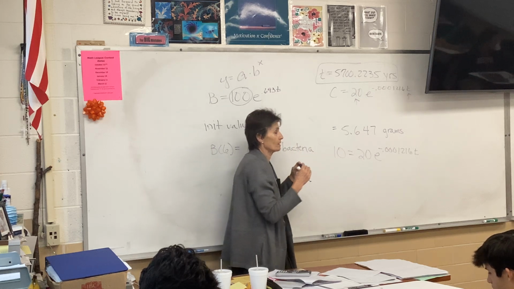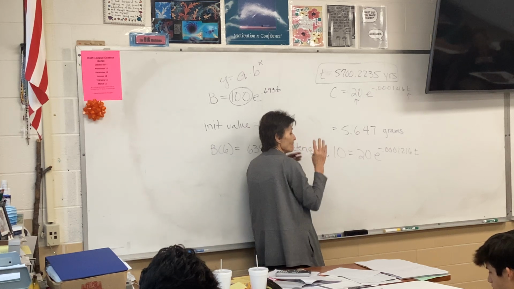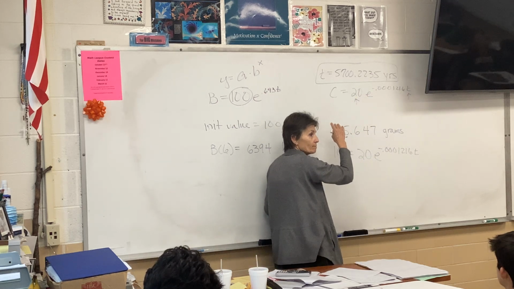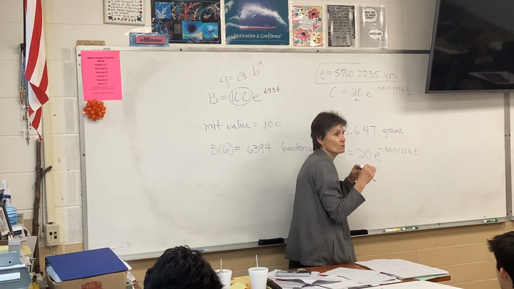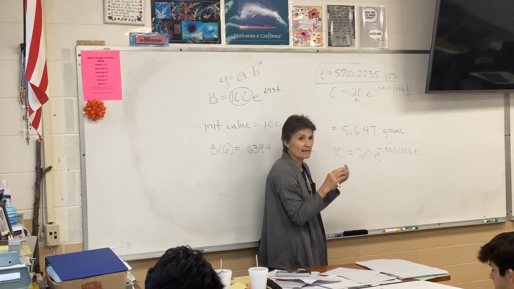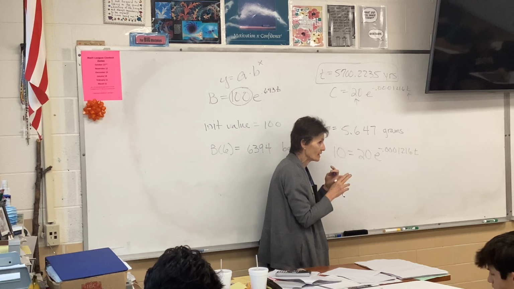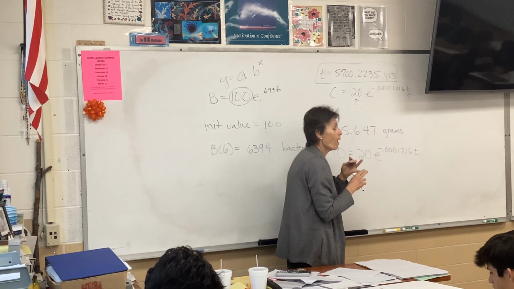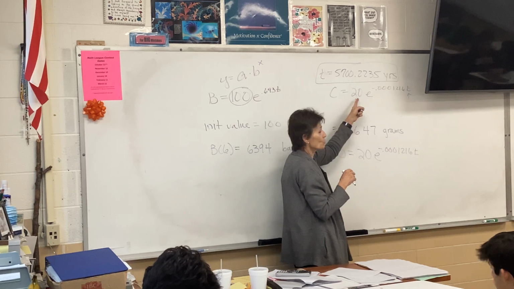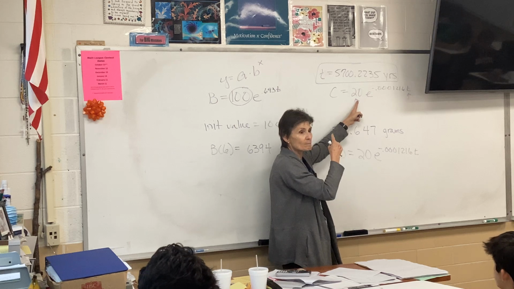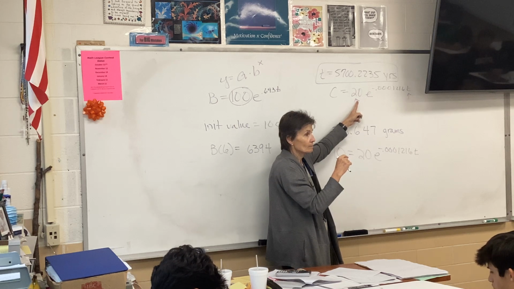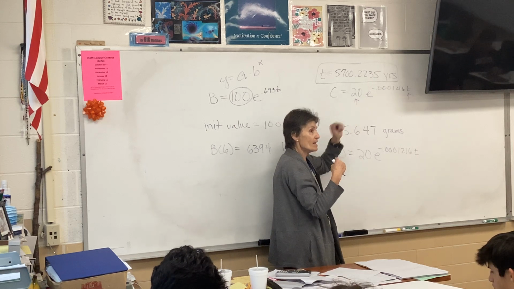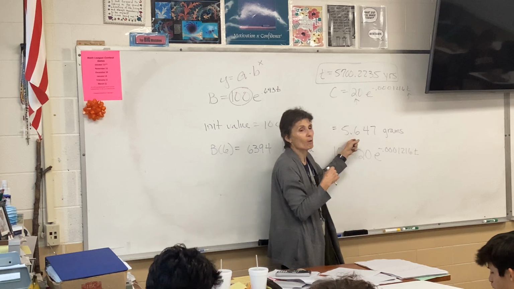So here's my logic. My ordered pairs, my variables, are years and the amount of carbon left, right? My minimums were both 0, because I can't have negative years and I can't have negative grams. For my Y max, I used 20, because that was my initial value. Now I could have used other numbers, but this is my thought process. Then I paid attention to the problem that I'd already done.